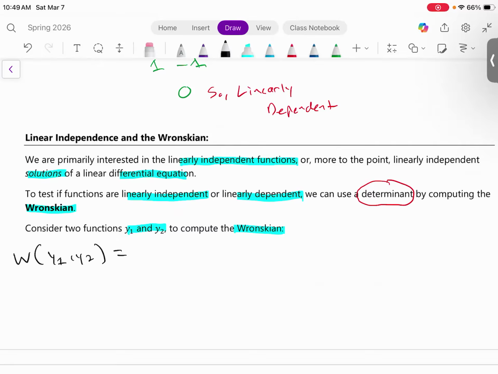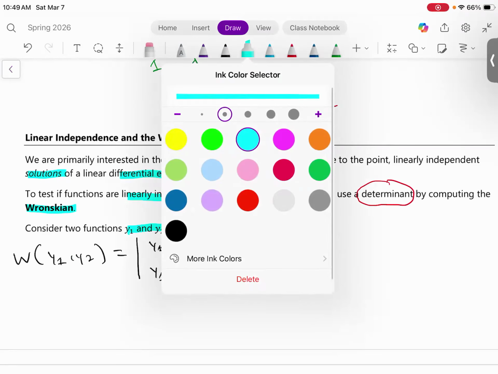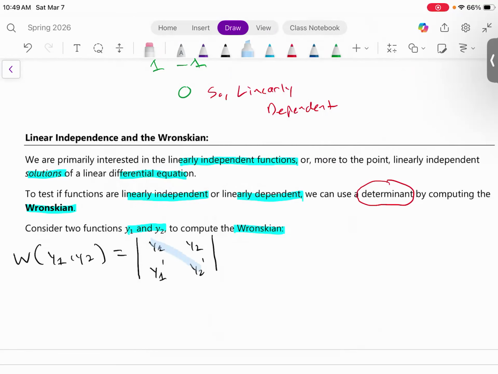It's a determinant: in the first row you write y1, y2, and in the second row their derivatives, y1 prime and y2 prime. Then you cross multiply: y1 times y2 prime, minus y1 prime times y2.